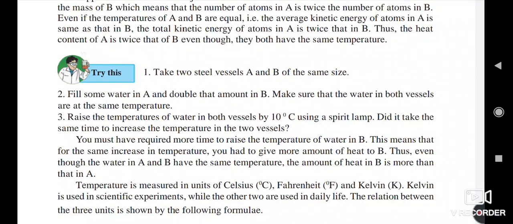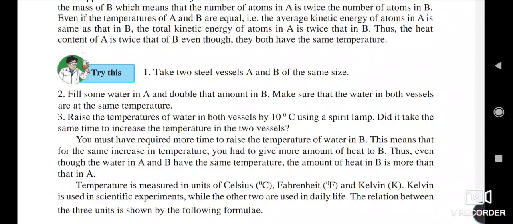Here we take an example of two steel vessels, A and B, of the same size, so the mass of the vessels is equal. Fill some water in A and double that amount in B. So vessel B contains double the water of A.